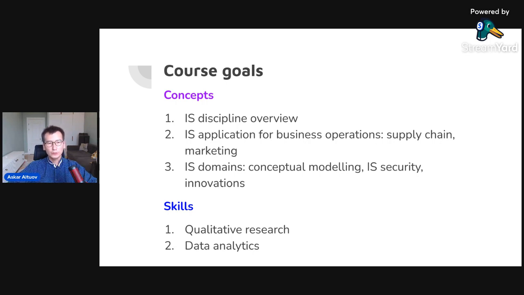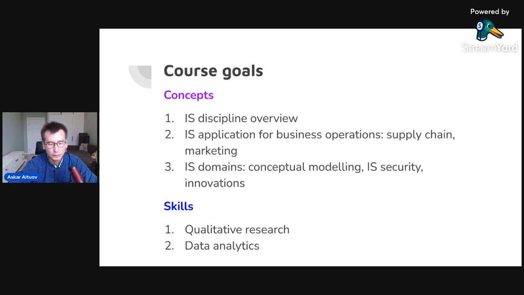The idea is, during this course, to provide an overview. What is the information system discipline? Because it's very broad. It has everything, but depending on your preference, where to go deep, we can help you to develop your skills and knowledge. We will look at business applications in the domains of supply chain, financial technologies, how it helps automate marketing activities and others.